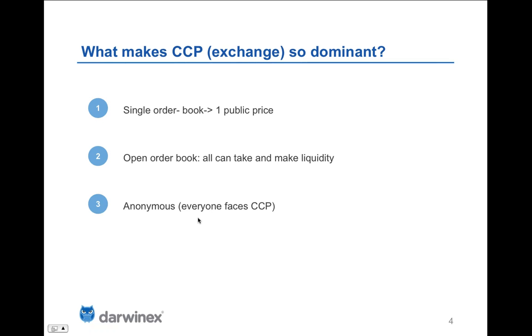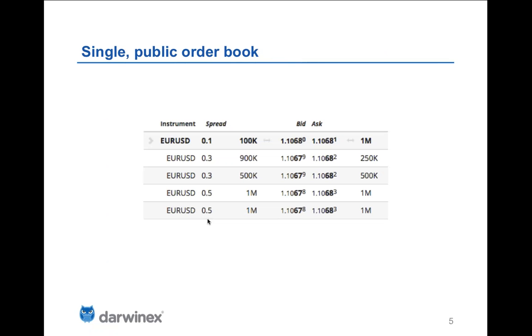It is anonymous, and you'll see the benefits of that in a second. Everybody is facing the central counterparty and doesn't know who's at the other end of his trade. And it has pretty big benefits when the going gets rough, speak Brexit or the Swiss franc debacle, whatever that's been labeled, in the sense that exposures are net. And all those 4 are relevant for US traders. Let's see in a second why.